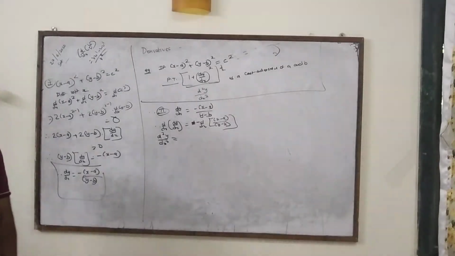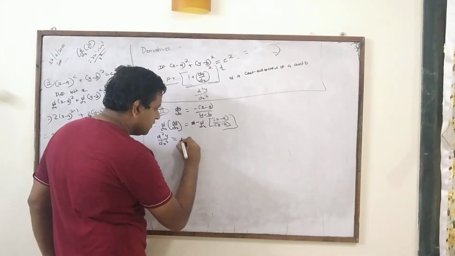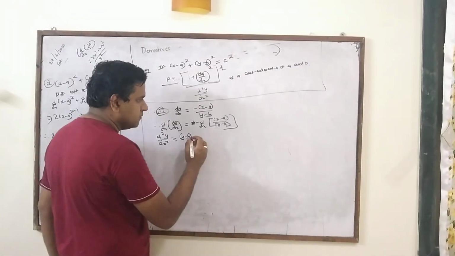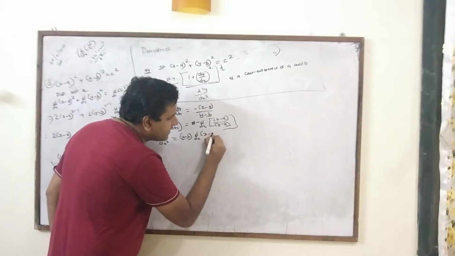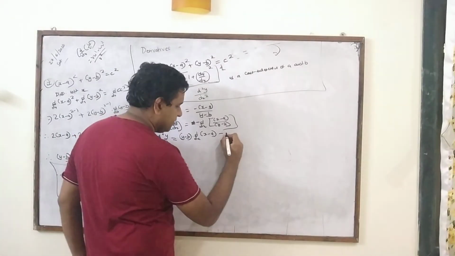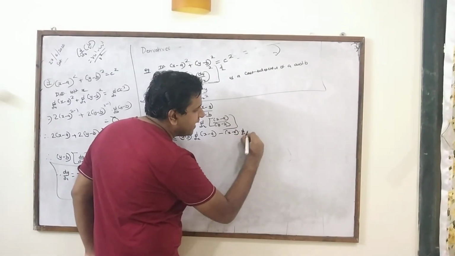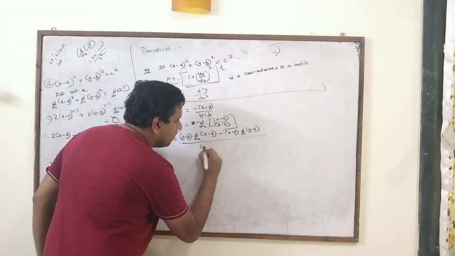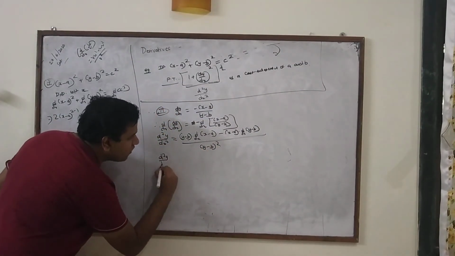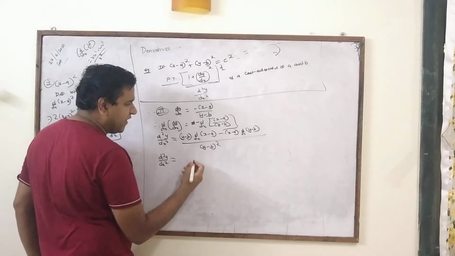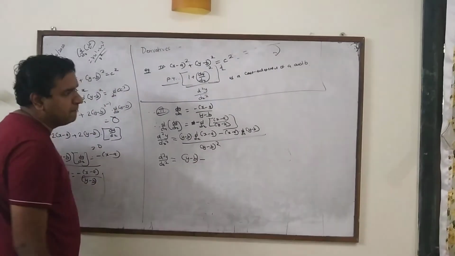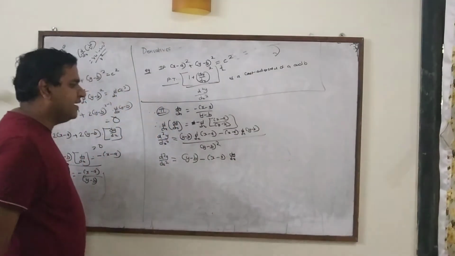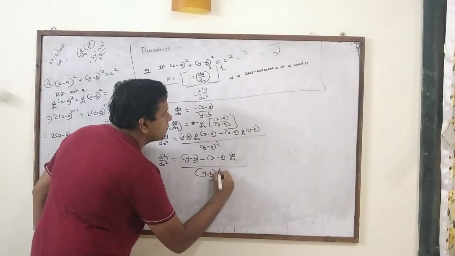D square y by dx square works out to (y minus b) into u dash, d by dx of x minus a, minus (x minus a) into d by dx of y minus b. V u dash minus u v dash upon (y minus b) square. So d square y by dx square is equal to d by dx of x minus a is 1, (y minus b) minus (x minus a) into dy by dx upon (y minus b) the whole square.